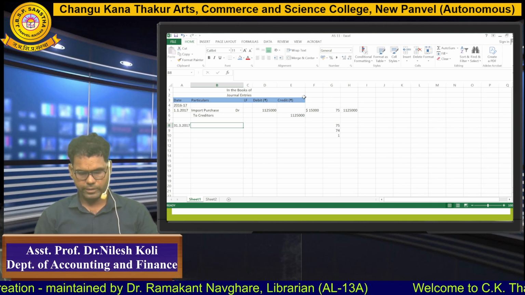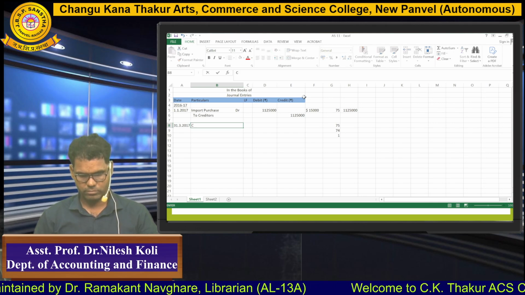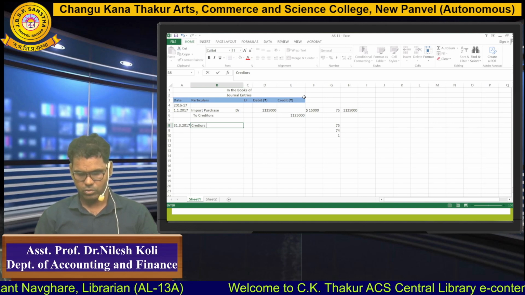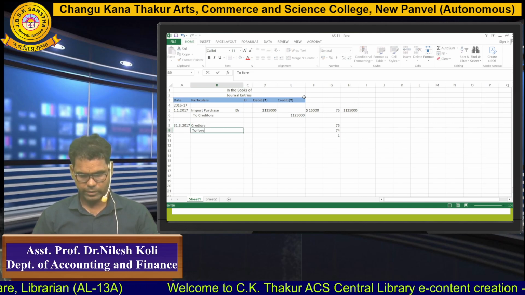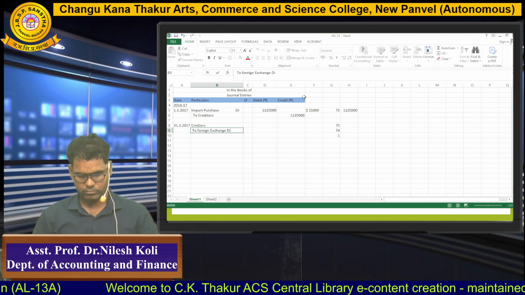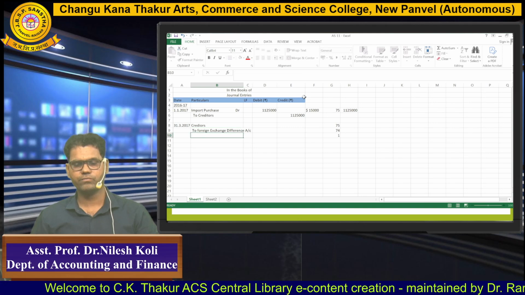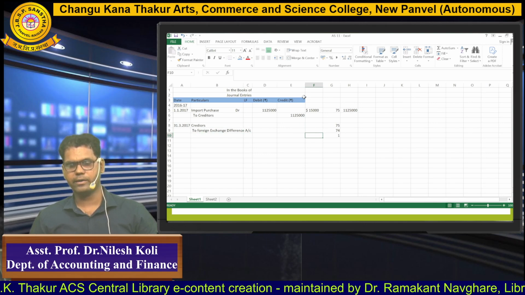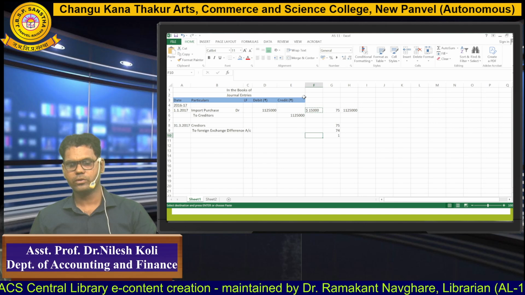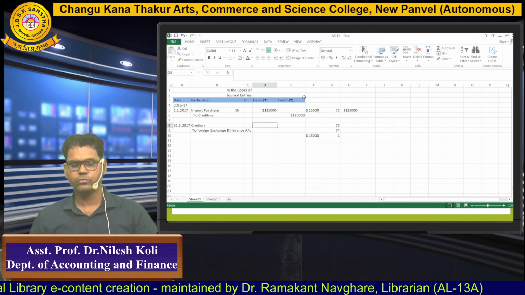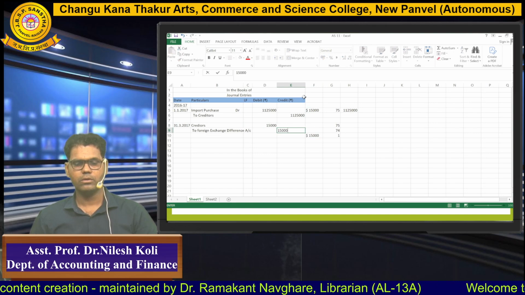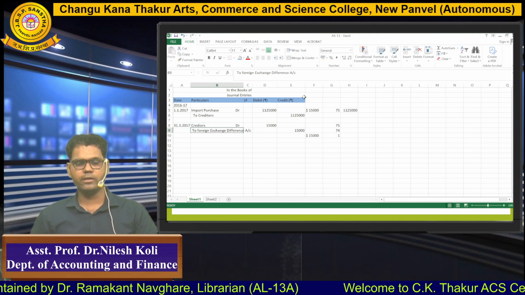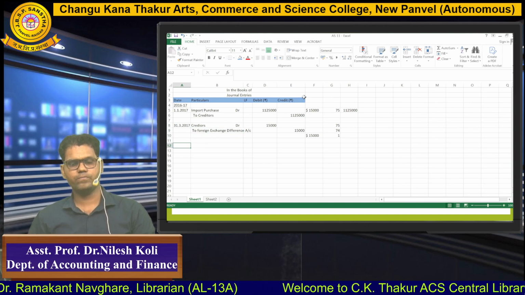So hence creditors account debit to foreign exchange difference account, and the amount will be $15,000 at the rate of 1 rupee, so 15,000 is the amount.